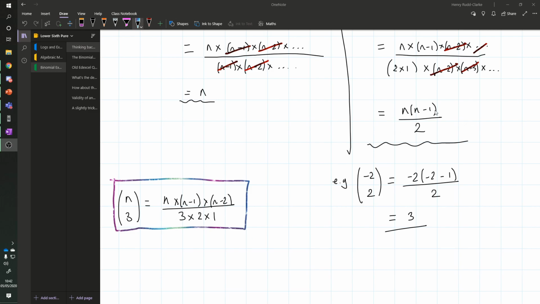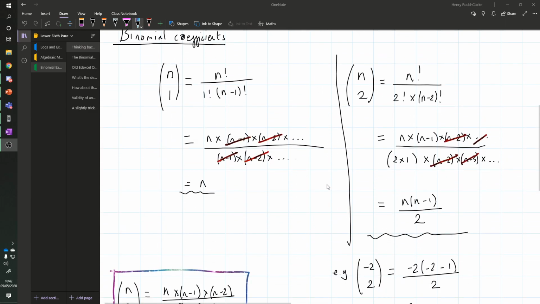I've written it out like this because it makes it easier to remember: if it was n choose 4, I'd do n times n minus 1, n minus 2, n minus 3, with 4 times 3 times 2 times 1 in the denominator. Some people would just write 3 factorial in here, but I've written it like this because this is how it turns up in the Excel formula book.